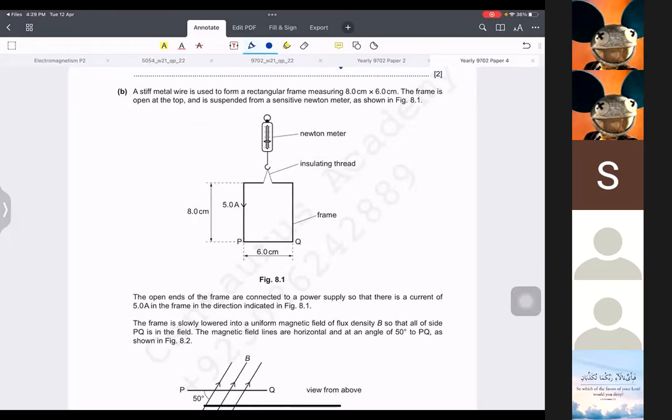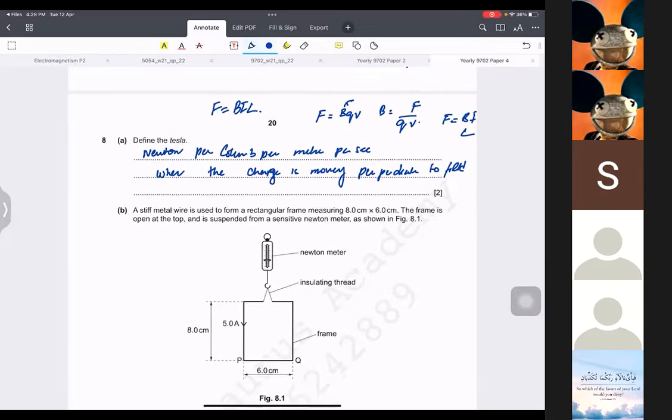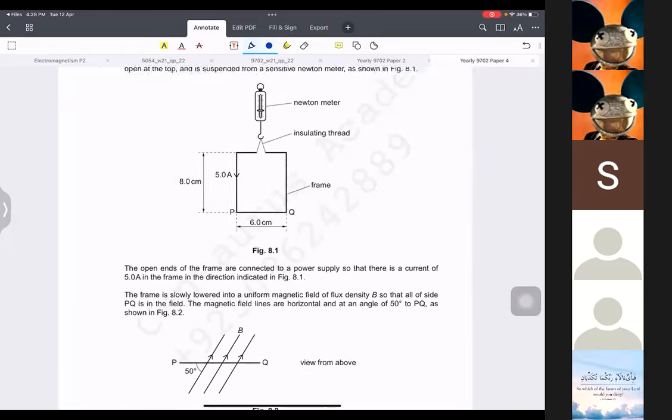Sir, I wrote Newton per ampere and per meter. Is that okay? Yeah, because you use F equals BIL, so that's fine. But then you have to write, instead of charge, current. Otherwise, you won't get the other mark.